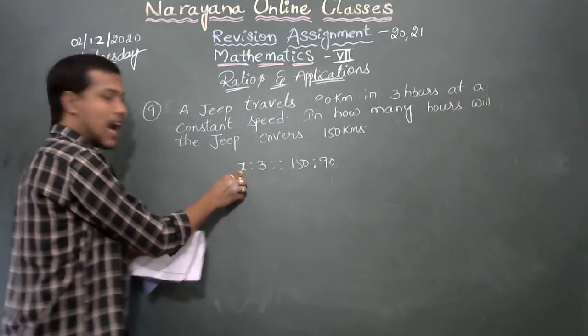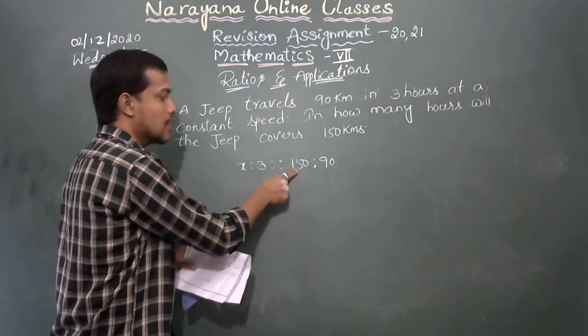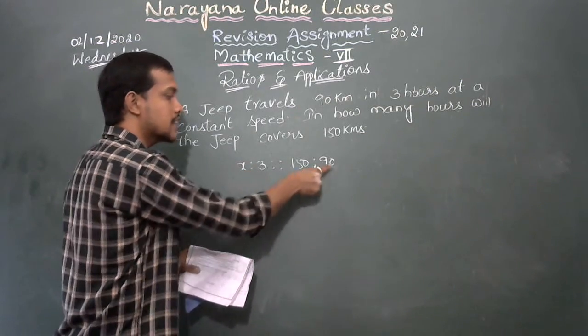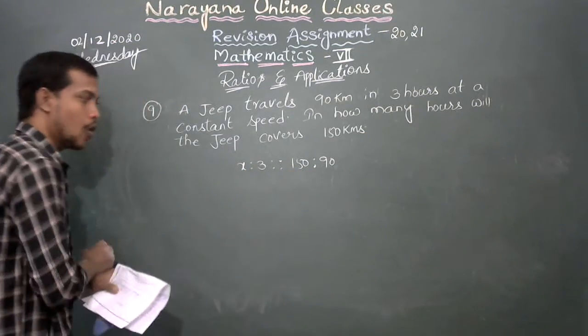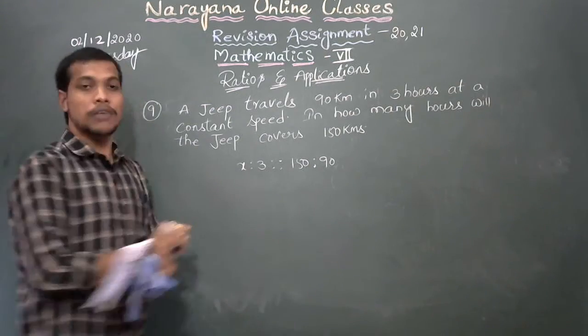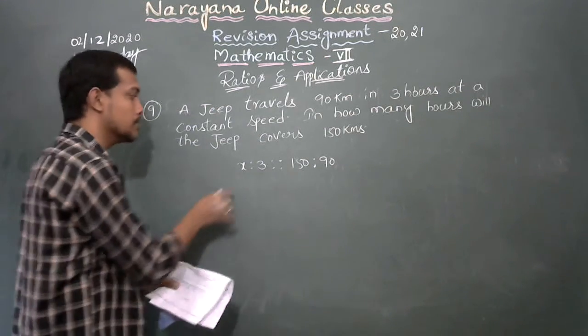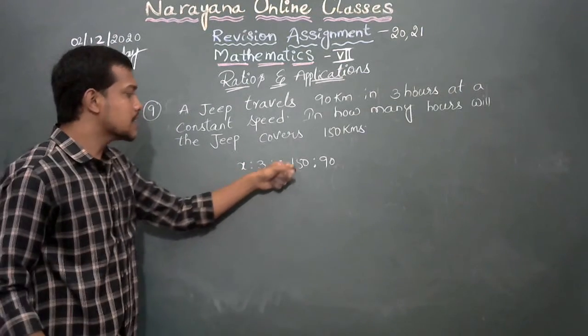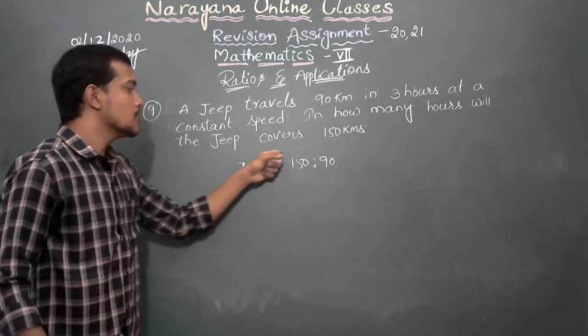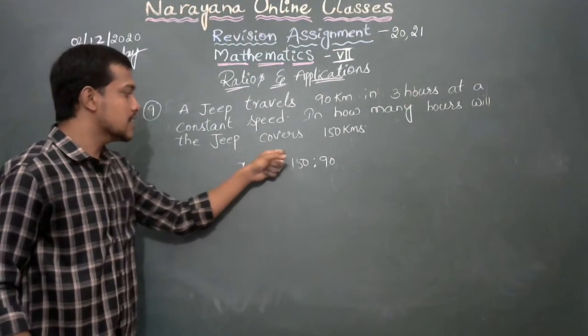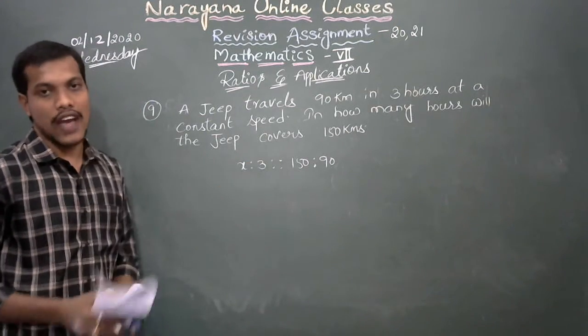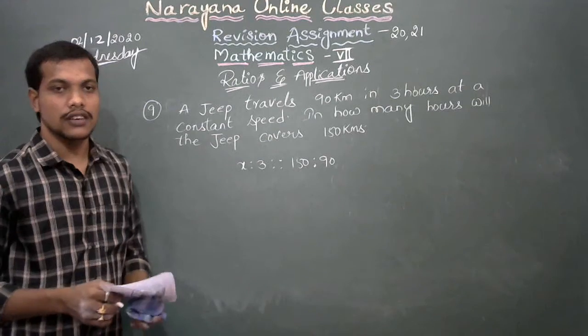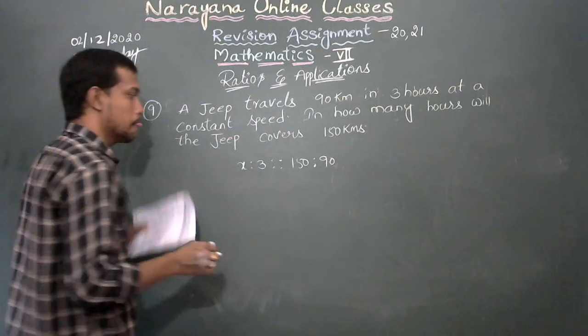Here x is the hours and 3 is also hours; 150 is the kilometers and 90 is also kilometers. Here also product of means equals product of extremes. Why are we using that formula? Because the symbol "is as to" is there. Whenever the symbol "is as to" comes, only then can we use product of means equal to product of extremes.